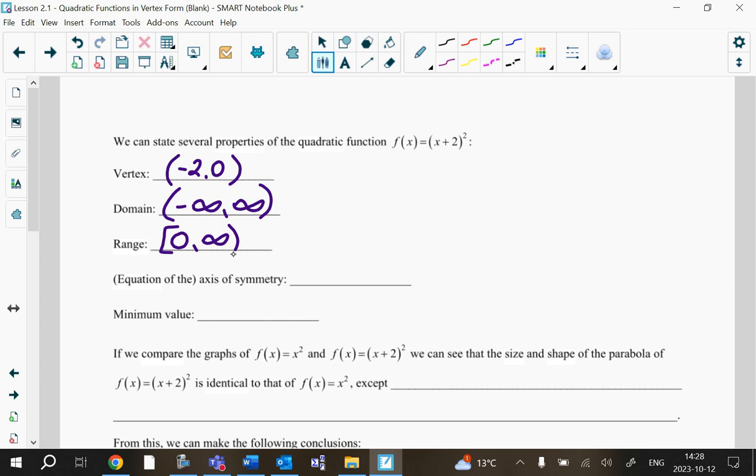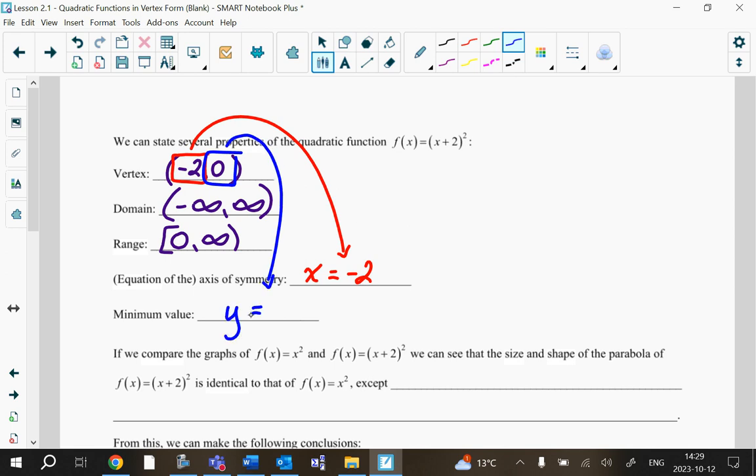So the axis of symmetry, and how do I write it properly? I don't just write negative 2. X equals negative 2, because we're writing an equation. And for the minimum value, and it's a minimum because it bottoms out, y equals 0. Once you've got the vertex, you can always get these two just from the vertex. Always.